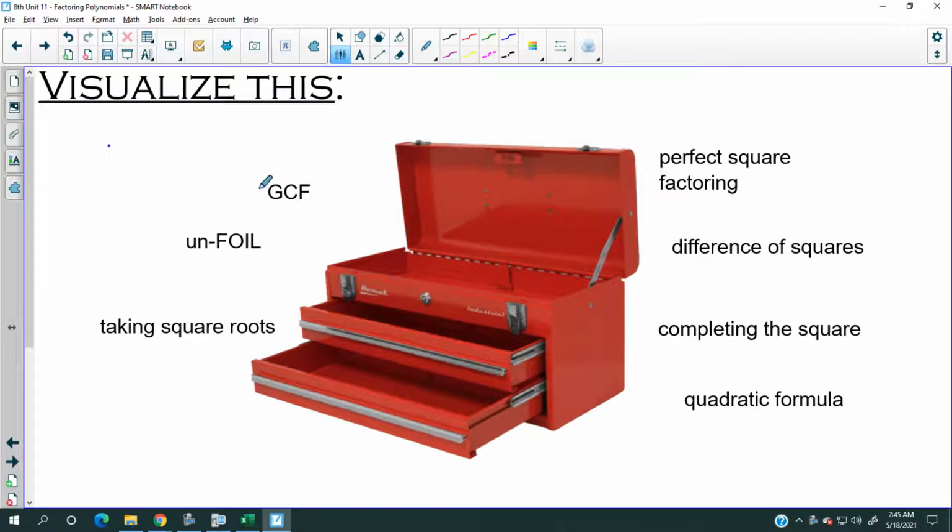So for example, for the GCF one, what we did was something like this. If I showed you, say, 27x squared plus 3x, can you factor this out using the greatest common factor?